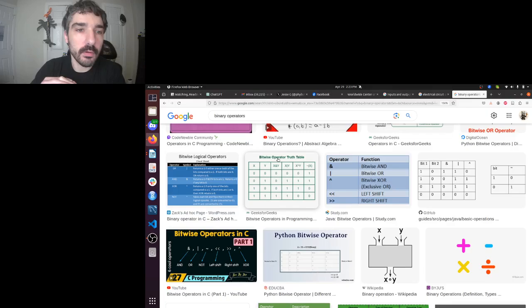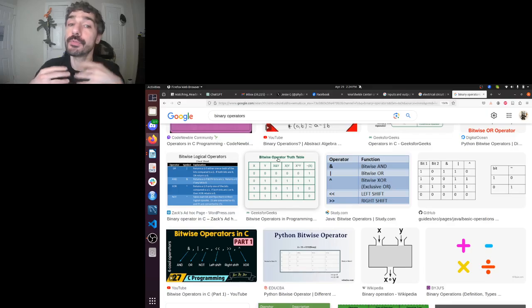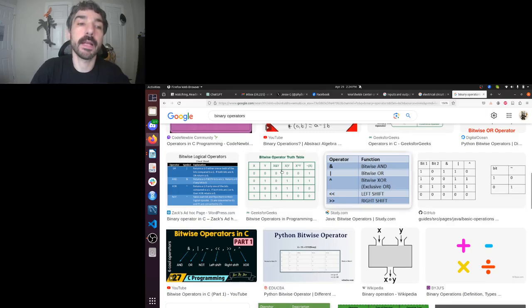Now, the very basic operators that we're concerned with is an AND or an OR operator. And there's also an XOR operator or exclusive OR operator. So the AND operator, as we can see, 0 is going to represent false, 1 is going to represent true.